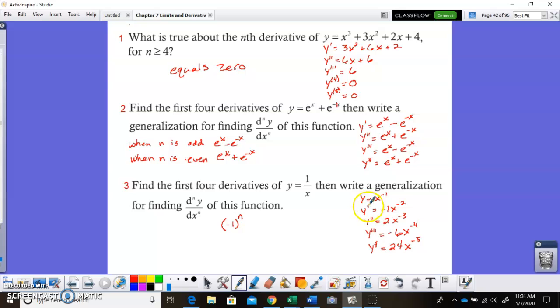So this is the first derivative, so that means we're going to take 1 and that's it. So that became the 1 there. When n equals 2, because we're talking about the second derivative, we're going to do 2 times 1, and that'll get me the 2 here. When n equals 3, 3 factorial is 3 times 2 times 1.